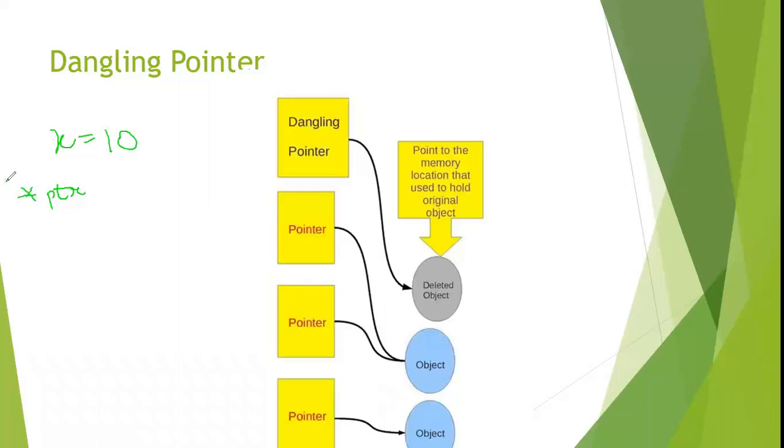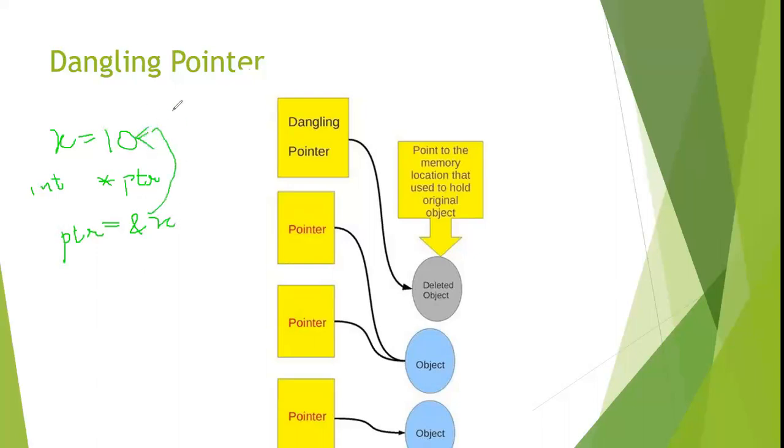I've created an integer pointer, int *ptr. Now, which variable is this pointer pointing to? It is pointing to x.